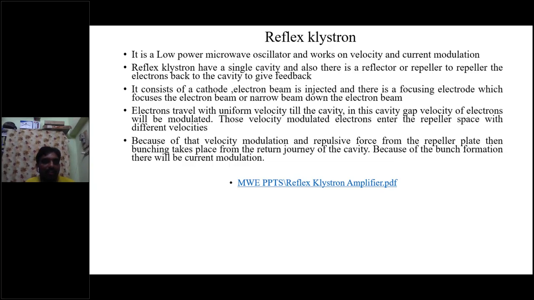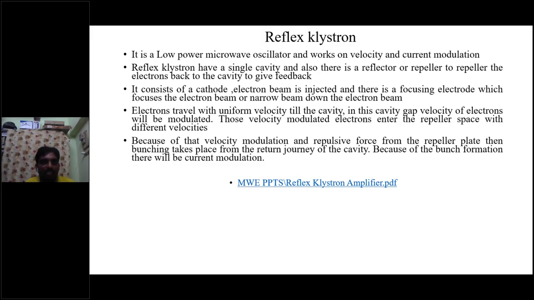What we learn: guide wavelength, phase velocity, group velocity, impedances. Next, we go for measurement of VSWR, measurement of frequency, and the parameters we want to measure within our microwave lab. Definitely the input is taken from our reflex klystron.